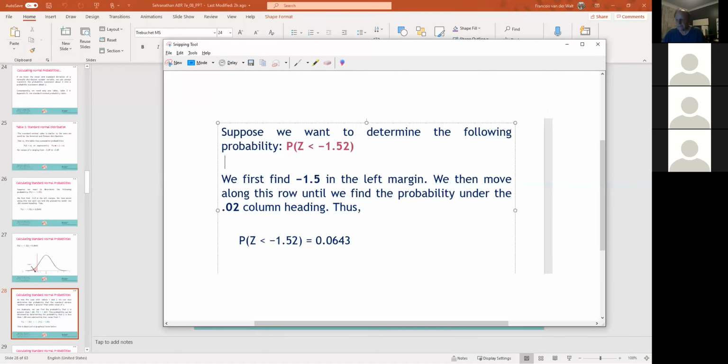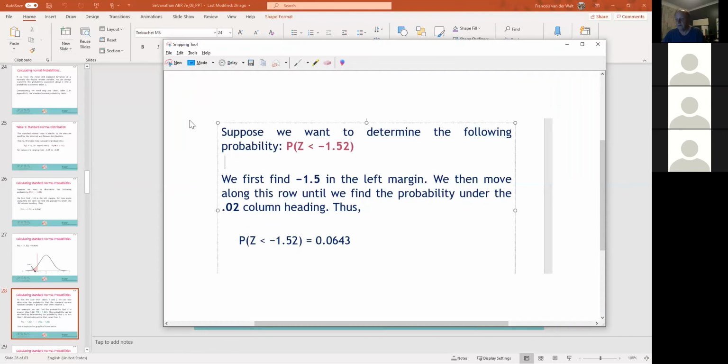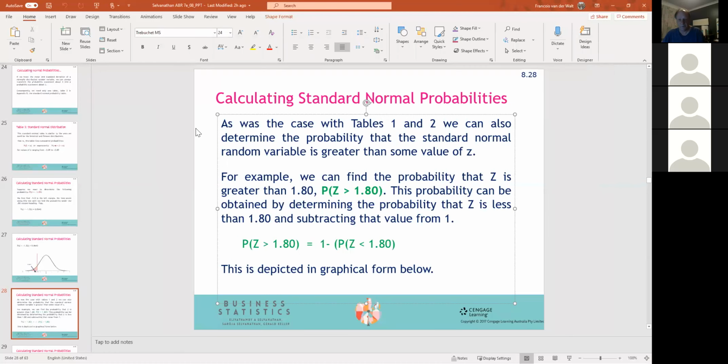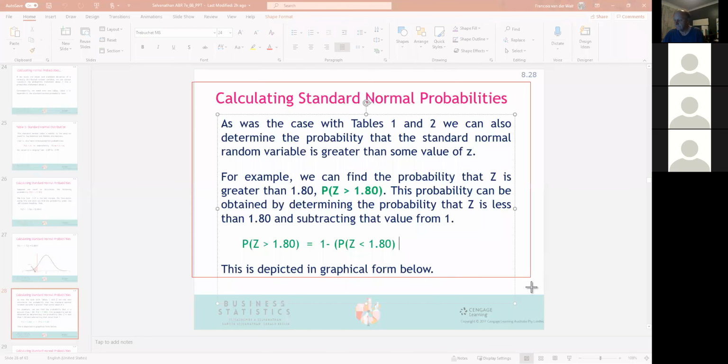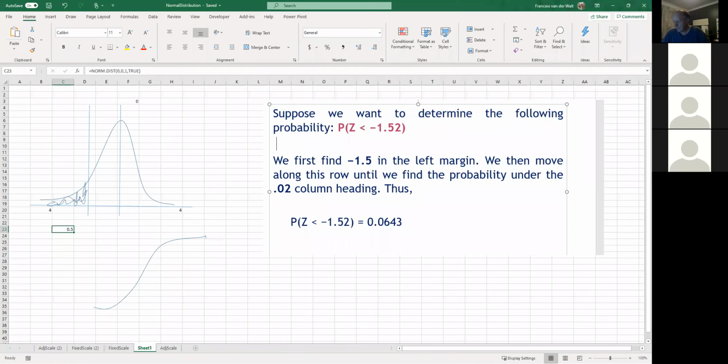Can you see in this particular case, we're asking for a value that's bigger than the cutoff point. Let's go back to my Excel spreadsheet.